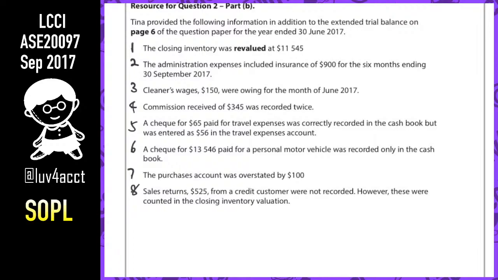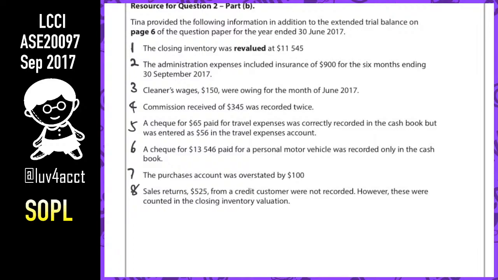And I want to look at sales returns 525, item 8, from a credit customer, were not recorded. However, these were counted in the closing inventory valuation. So this is good, because we have the returns, we have the goods already. It should be counted, and it is included. So no adjustment for inventory in item 8.